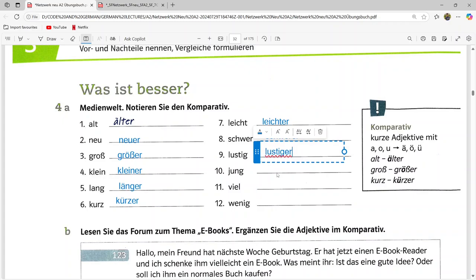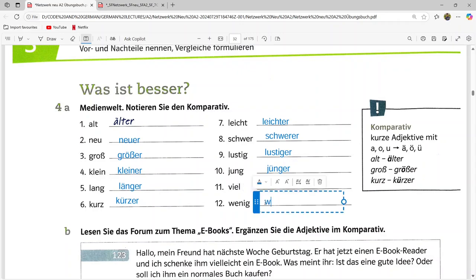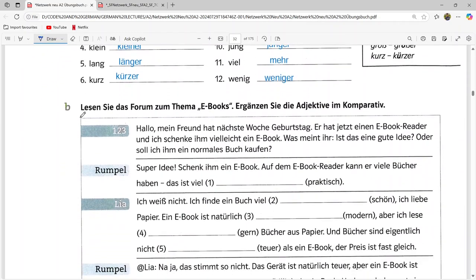Funny, funnier. Jung, jünger. So young, younger. Viel, not vieler. Okay, it will be mehr. That's the change. Okay. Wenig, weniger. That's it. Very easy task. We have completed it. Move on to the next task.